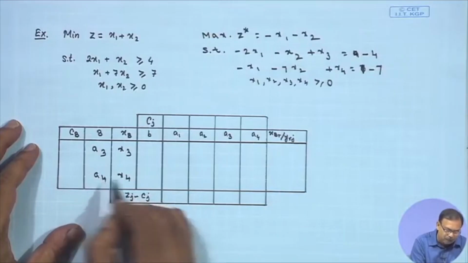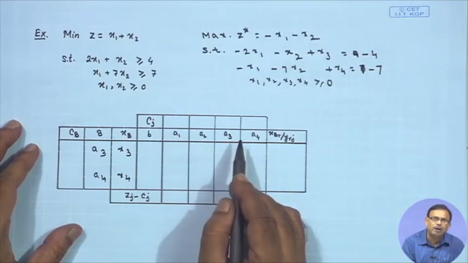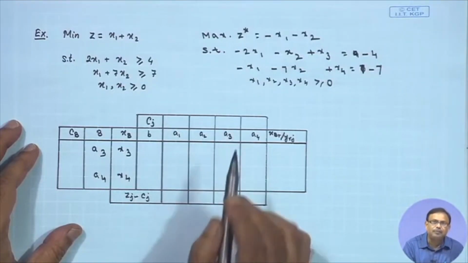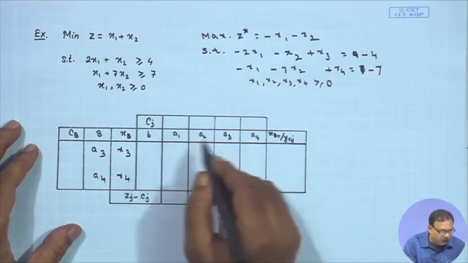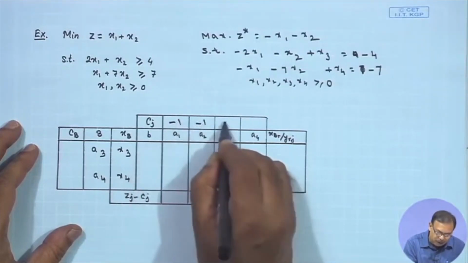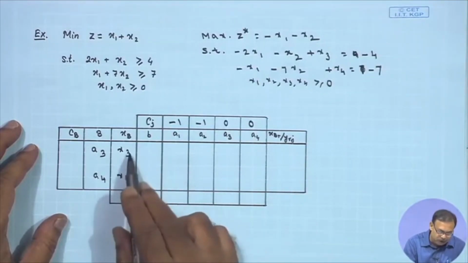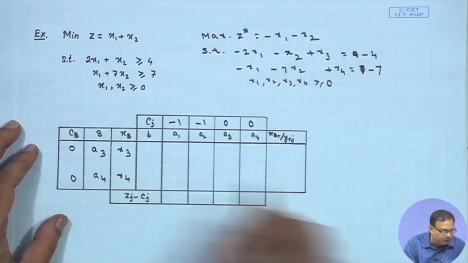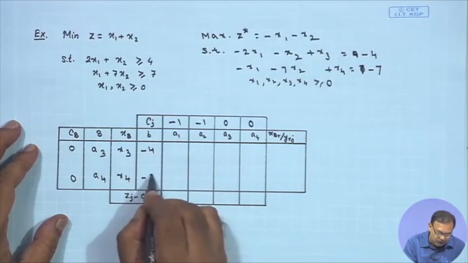If you see, now I have changed this one in place of x1, x2, x3 as we were writing earlier. Now, we are writing these as a1, a2, a3, a4, which corresponds to this one. Your Cj values are minus 1, minus 1, 0 and 0. So, that your Cb corresponding to x3, x4 is 0 and 0. Your b values are minus 4 and minus 7.